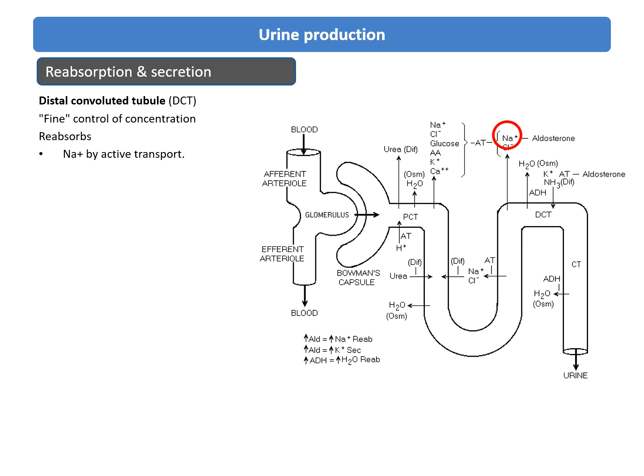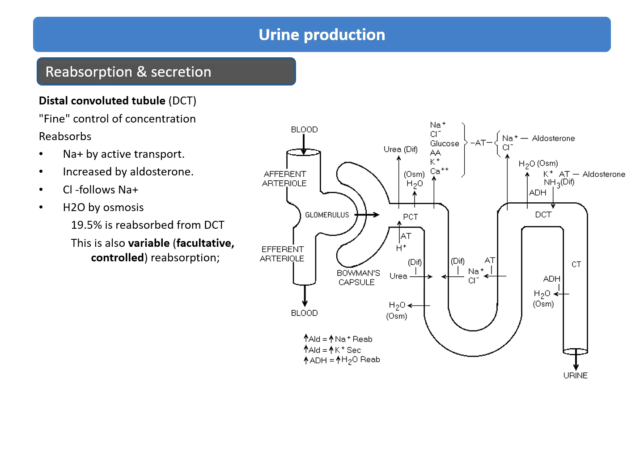The distal convoluted tubule carries out fine control of concentration. It reabsorbs sodium by active transport. This is increased by the presence of aldosterone. Chlorine follows sodium. Water is reabsorbed by osmosis. Roughly 19% is reabsorbed from the distal tubule.